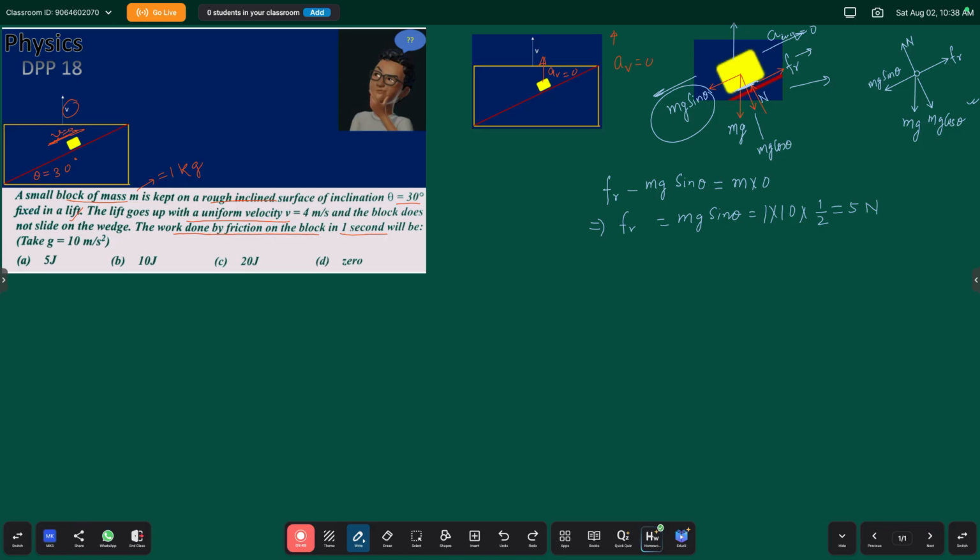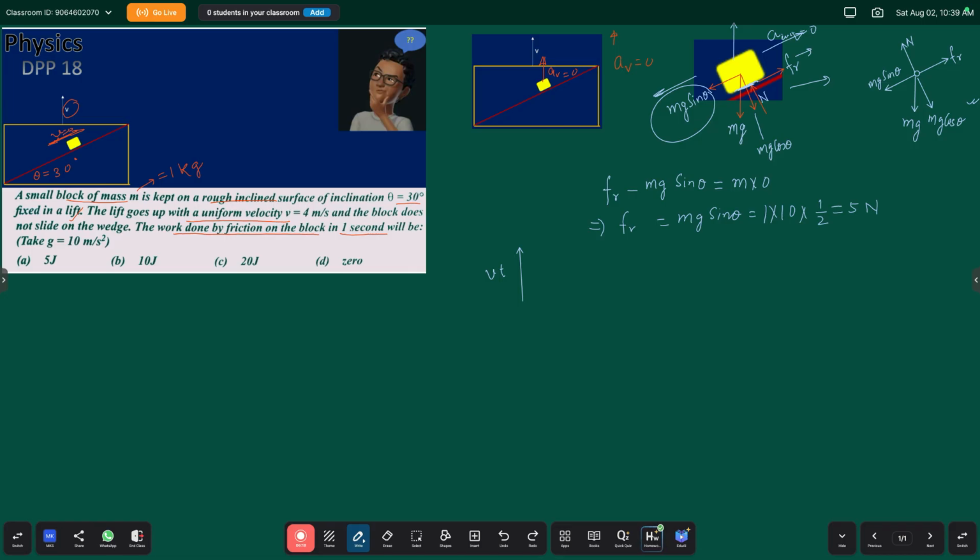The block is moving with uniform velocity in the vertically up direction. So in t seconds, it displaces by Vt in the vertical direction.